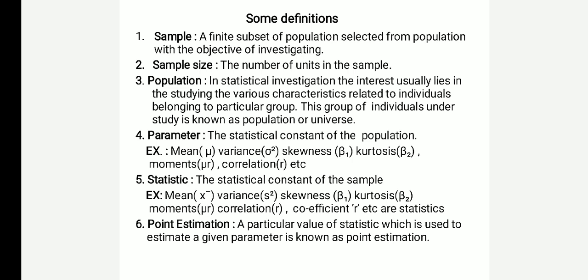Then population is already explained now. So population is whatever your total area is. Population is not the human population. The population means totality of the individuals. So I can explain that.